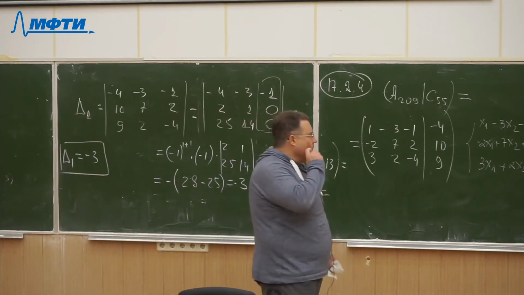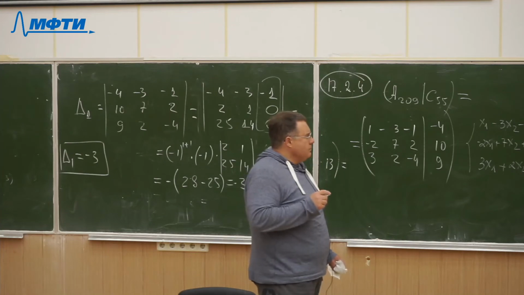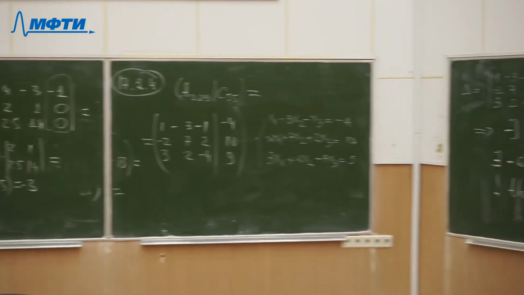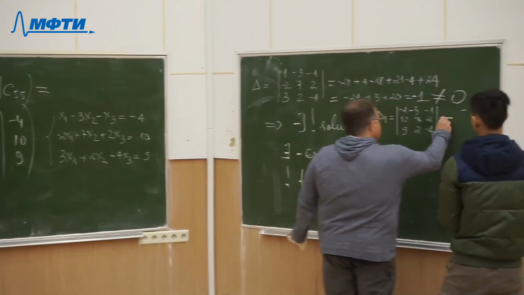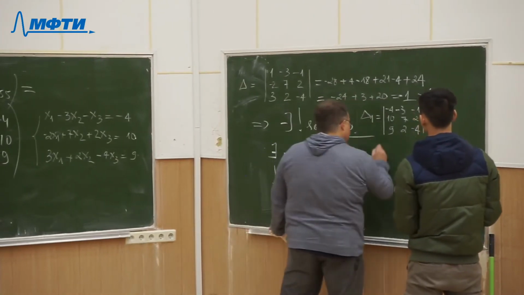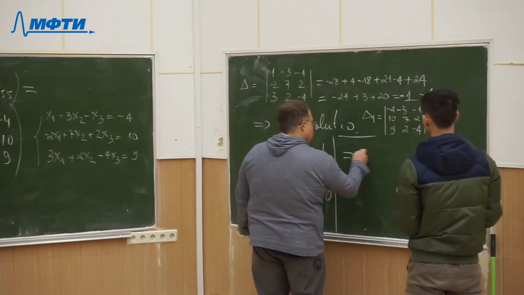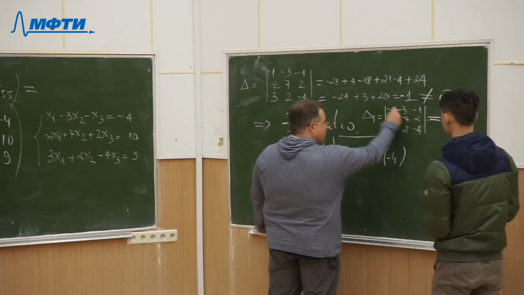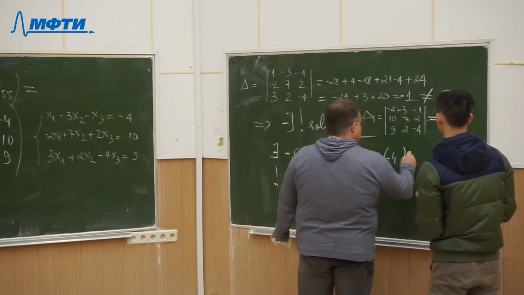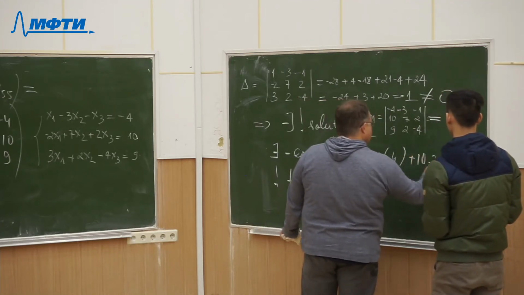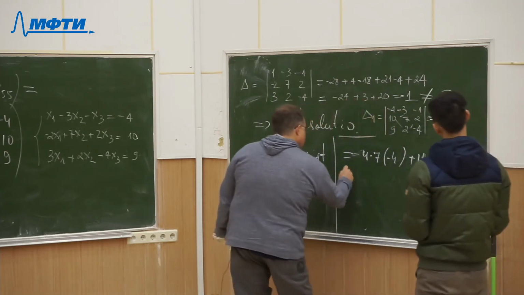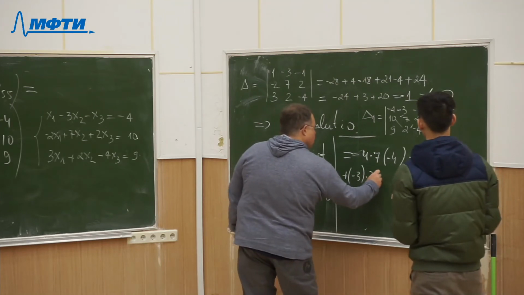So, no. Let's try once again using the triangle rule. Delta equals minus 4 times 7 times minus 4, yes? Plus 10 times 2 times minus 1. Plus minus 3 times 2 times 9, yes?